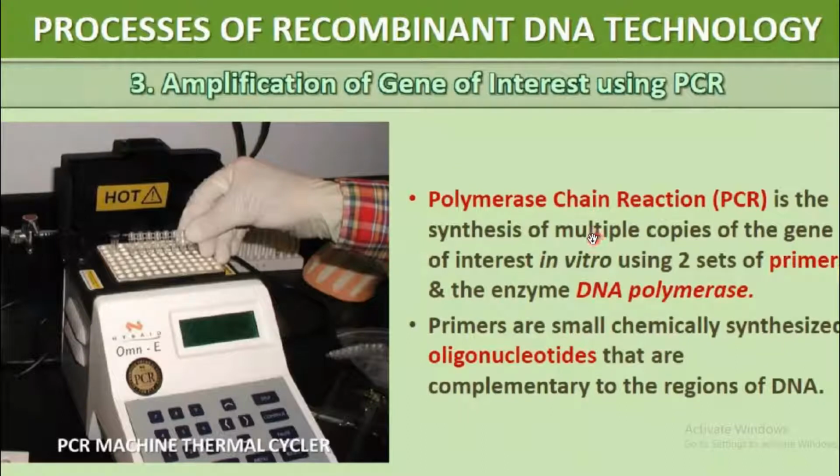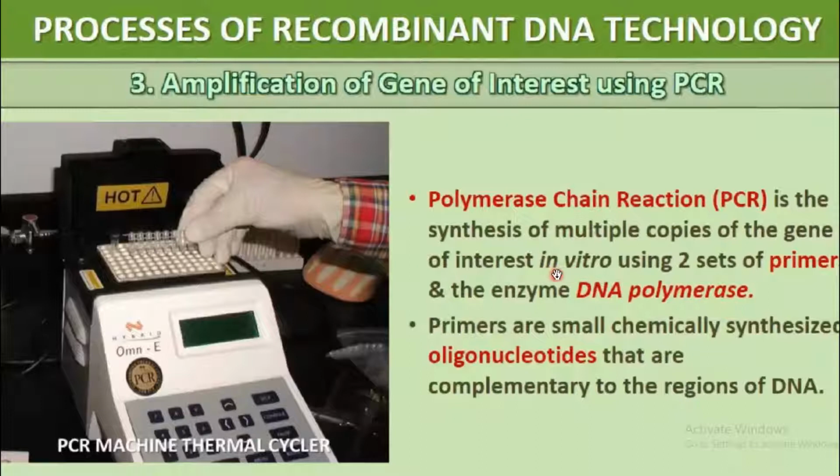It is the synthesis of multiple copies of the gene of interest in vitro using two sets of primers and the enzyme DNA polymerase. So here we have to study what is in vitro, what do you mean by primers, and what is this DNA polymerase.